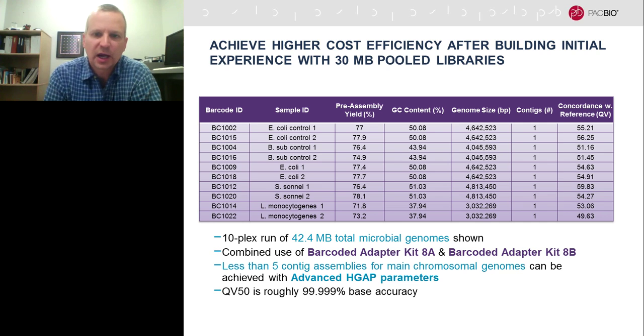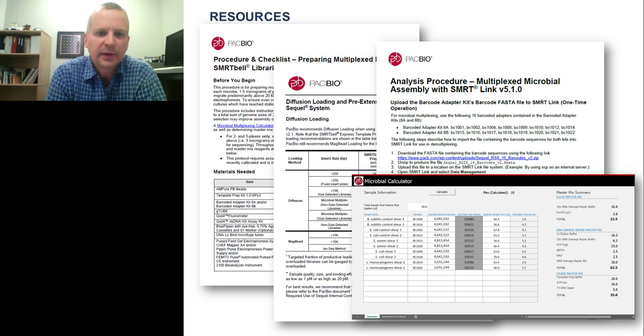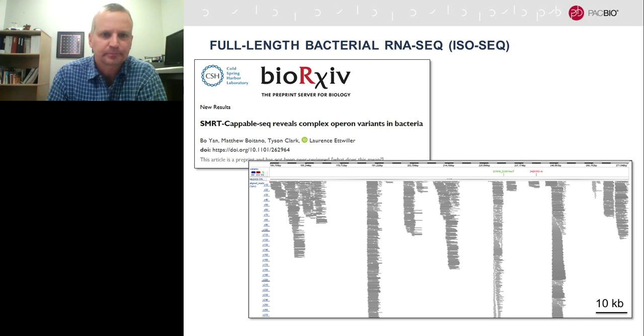In each case, you see in the second column from the right that each of those genomes assembled into a single contig. The last column is the accuracy, the QV values. All of them are at QV 50, 99.999% base accuracy or higher. This is the workflow we have in detail, and we have detailed documentation and protocols on our website regarding this procedure.